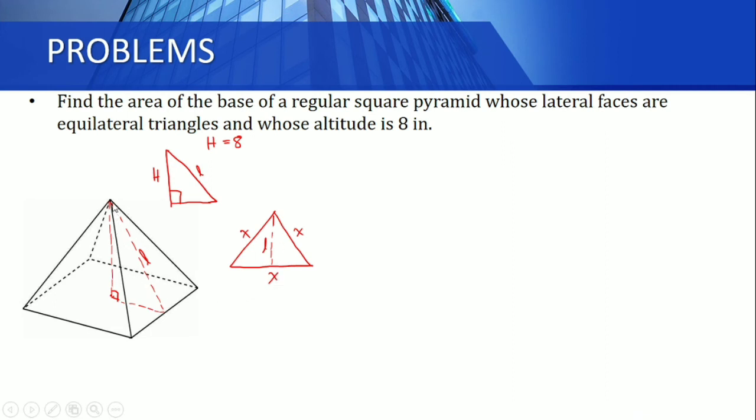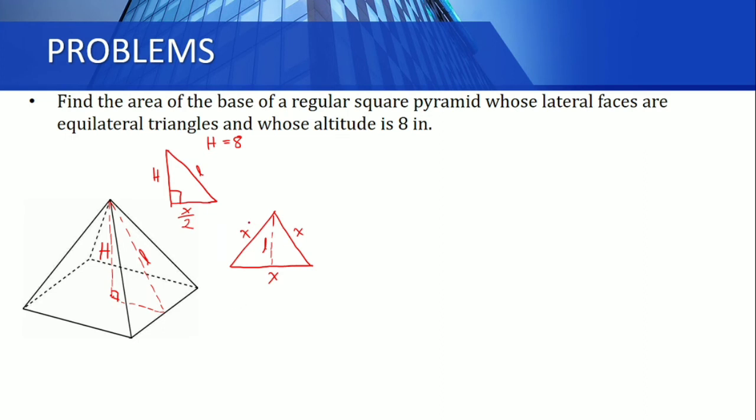So dun sa loob ng ating pyramid, magkakaroon tayo ng right triangle. So yung altitude natin is 8 inches. So ito yung 8 natin. So H is equal to 8 inches. And meron tayong slant height, yun yung hypotenuse natin. And ito, this will be x over 2. Sabi niya dito, equilateral triangle.